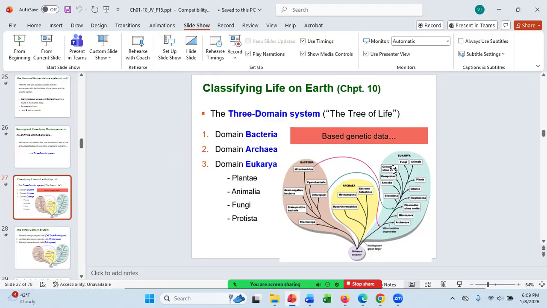So if you sequence all of the bacteria, every one of them will have their DNA more similar to a member of bacteria than to a member of any other domain. So they're classified by their DNA. Yes.